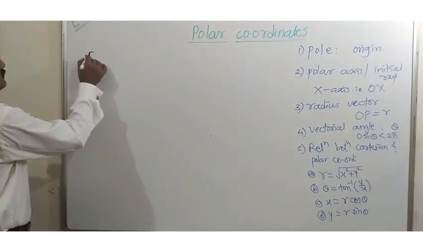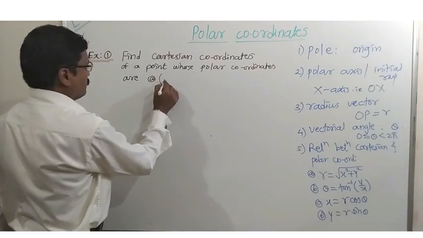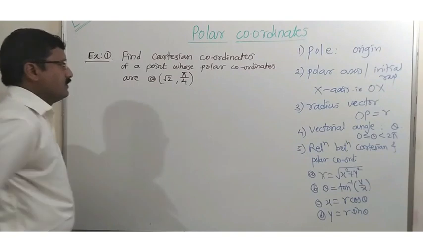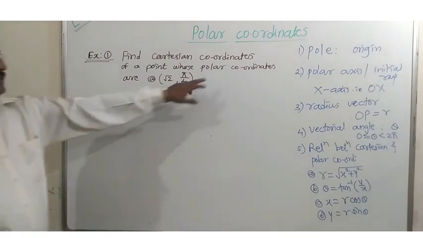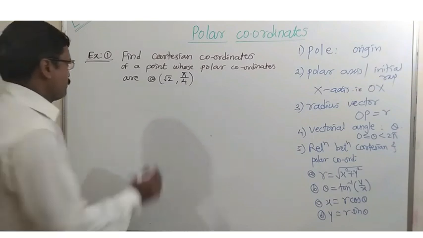Example 1. As here polar coordinates are given, the first will be r and the second will be theta.